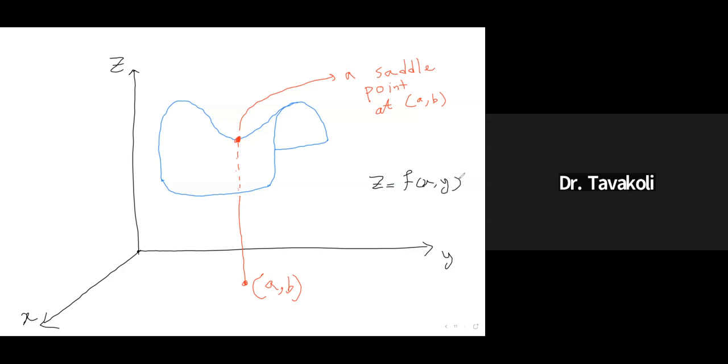In part of the surface, we might have a horse saddle shape. I hope you can see that horse saddle shape. That's a very interesting point, and the point that you see there is called a saddle point.